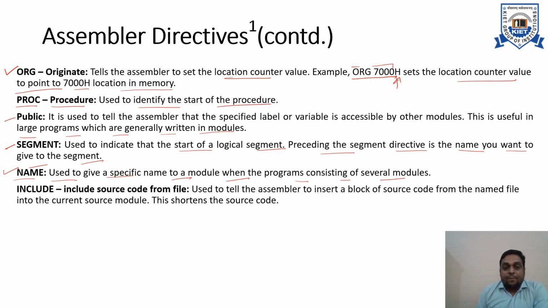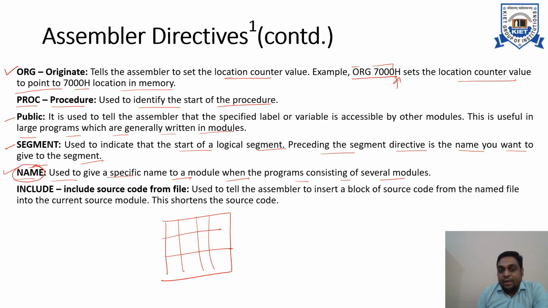Means if our program is having multiple modules, then how to identify different modules? So there is a directive called name, so we can give names to multiple modules. This is 1, this is 2, this is 3. In this manner we can name them to easily identify them separately.